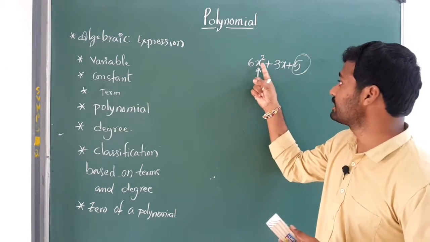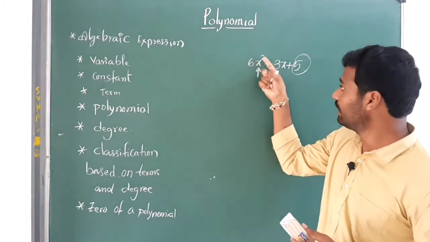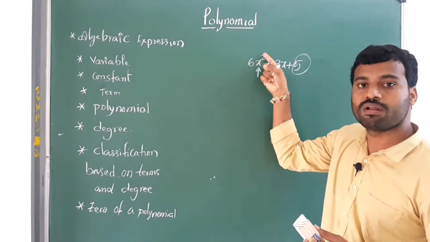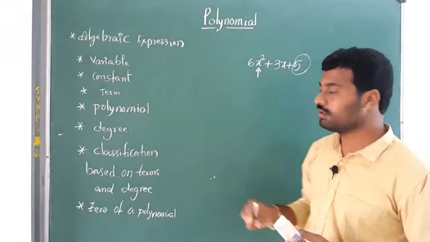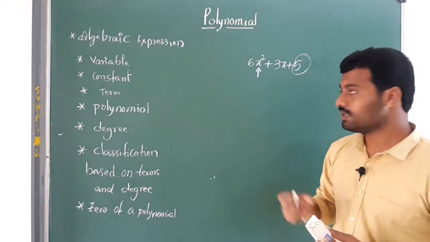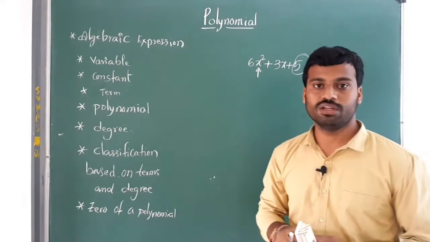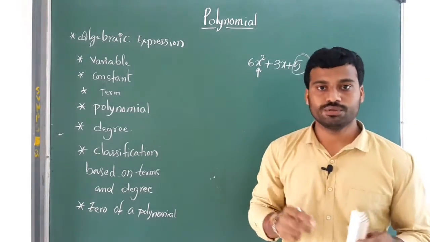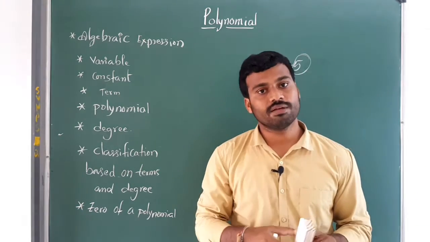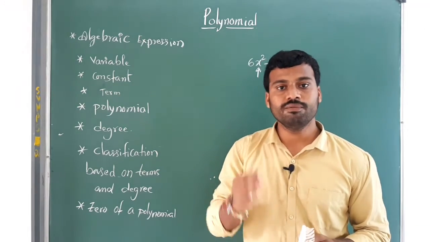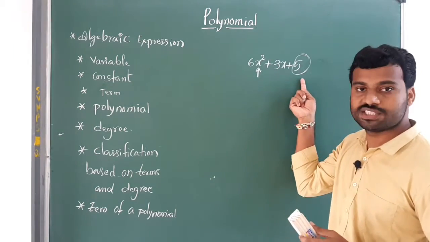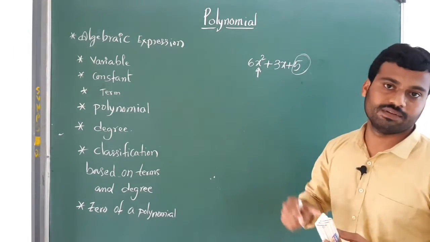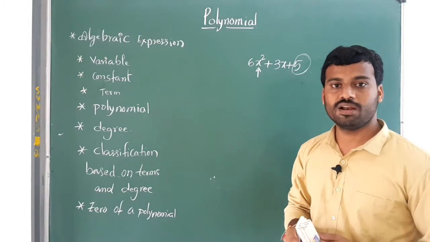In x square, the 2 is the power of the variable. The 5, the 3 and the 6 are constants, those values are not going to change. The definition of a constant is: the value which is fixed is called a constant.